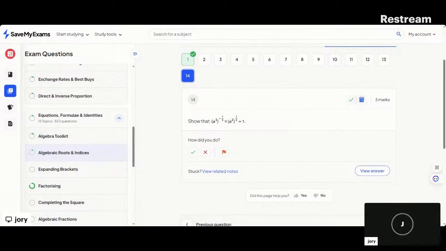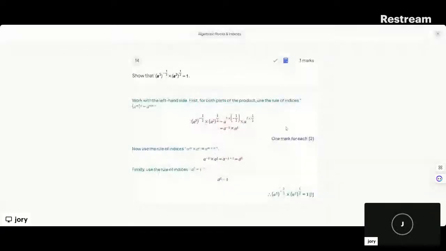And then times a to the 1/2 times 2, which is a to the 1. a times 1 over a is a over a, which is 1. Easy answer. 1 mark for each of what? Oh, okay.